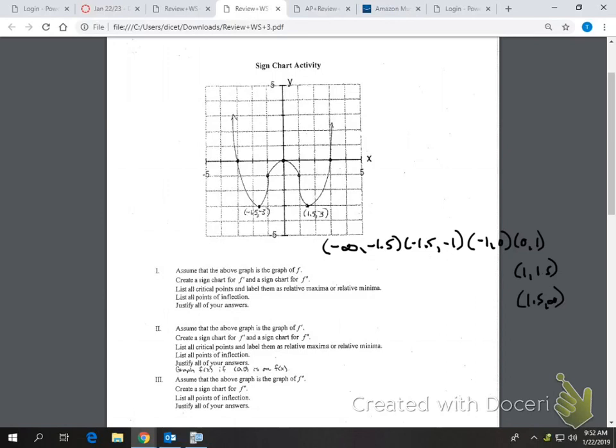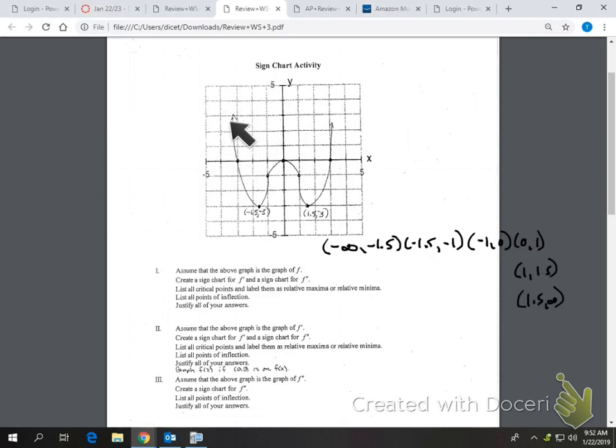Ready? Now we got to think again. This is the second derivative. Everybody with me? All you can do is tell concavity. There's your 3 zeros. Agree? This and this are points of inflection. Why?